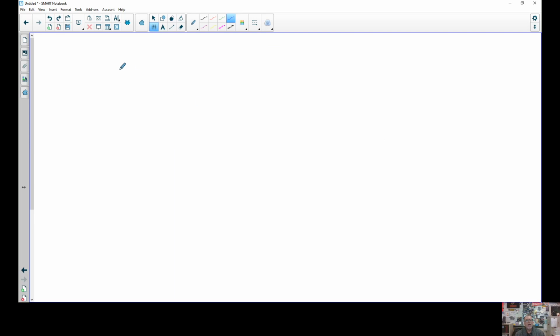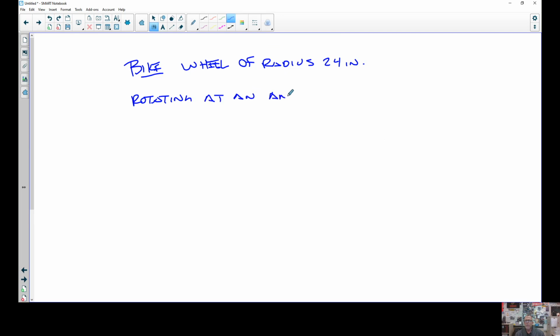If we have a bicycle, and for this bike, we have a wheel of radius, let's say 24 inches, and it's rotating at an angular velocity of, let's call it 10 pi radians per minute.